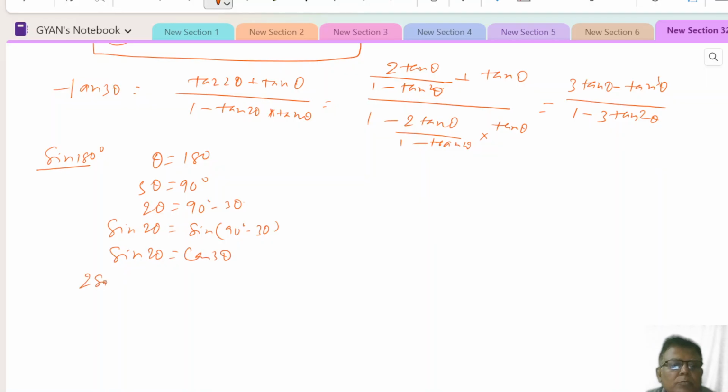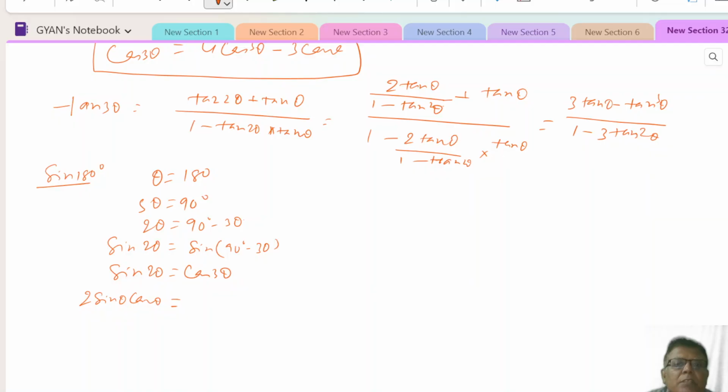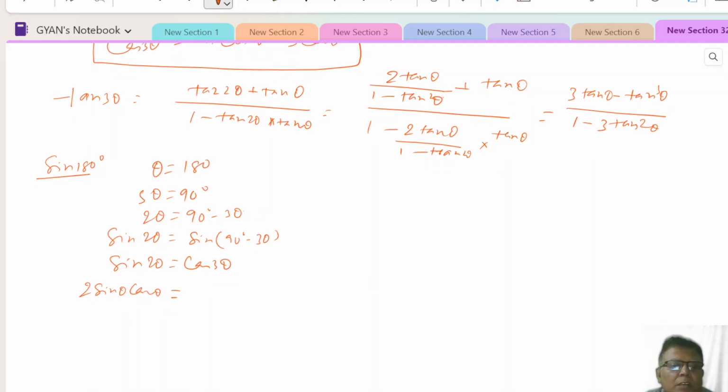Sine 2 theta is 2 sine theta into cos theta, and cos 3 theta, just now we have derived the formula, 4 cos cube theta minus 3 cos theta. Now take cos theta common and it will be cancelled. That is equal to 4 cos square theta minus 3, which is 1 minus sine square theta minus 3.